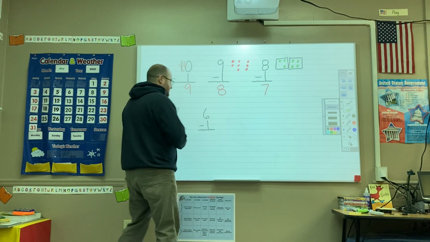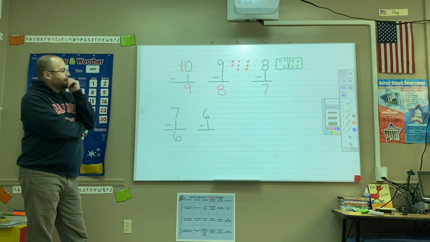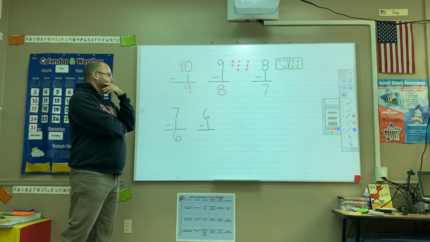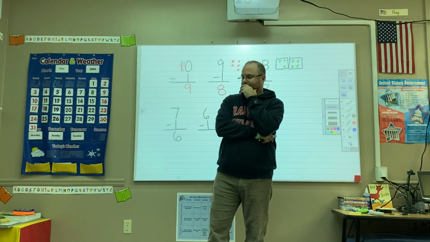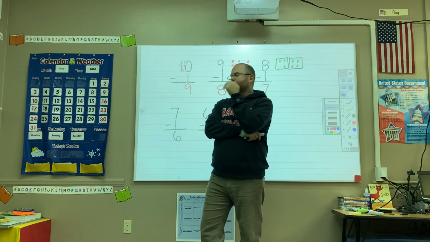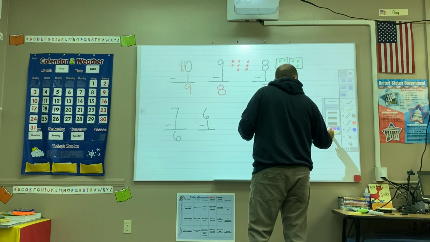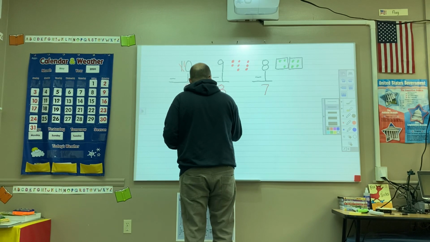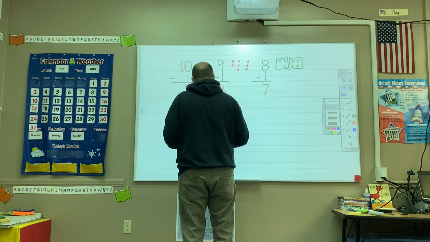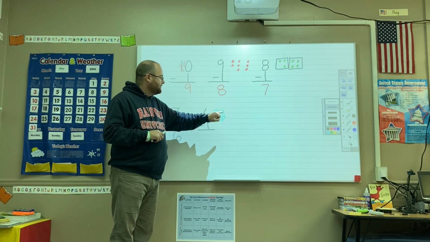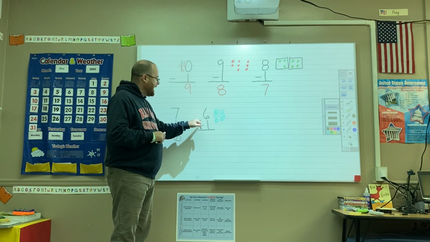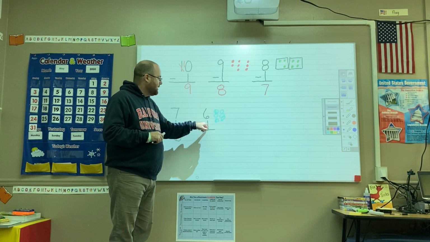All right, let's look at that. 6 minus 1. What could it be? I'm going to try to draw something. I like to draw. I'll do little smiley faces. I'm going to do 6 of them. 1, 2, 3, 4, 5, 6. And I'm taking away 1 of them.